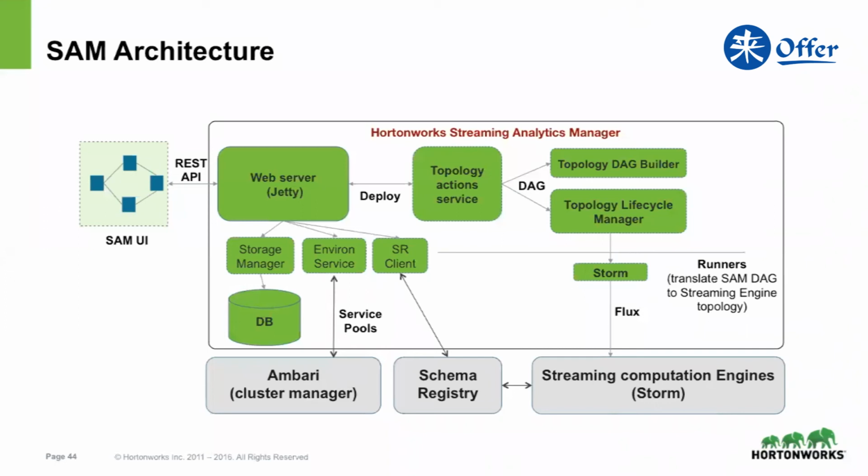So all of this is interacting with each other. When you go and build the topology and hit deploy, it goes to the topology actions service, which is within the server, and converts the graph that we built into a Storm application, and then gets deployed onto Storm. In real time, it's also talking to Schema Registry, because it needs to deserialize those events on the fly. So that's overall what's happening inside of what we did right now.